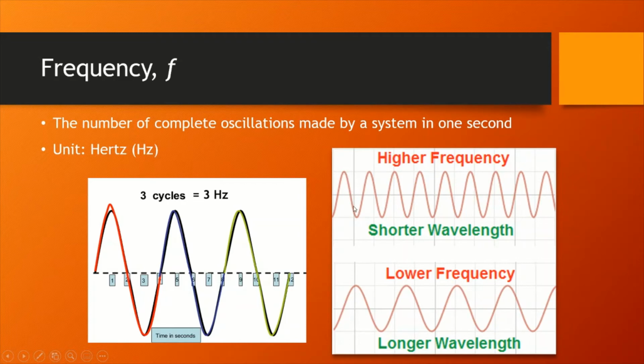You can count 1, 2, 3, 4, 5, 6, 7, 8, and 9. So it is 9 Hertz. This one, 1, 2, 3, 4, 4.5 only. So that's why it is lower frequency compared to the graph here.